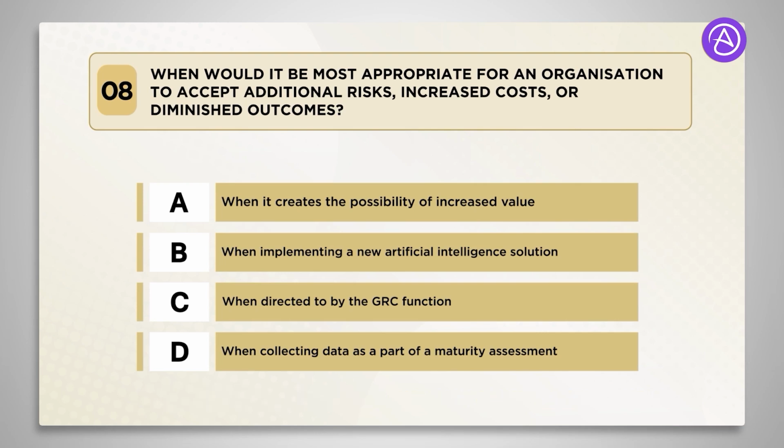Answer to the question, when would it be most appropriate for an organisation to accept additional risks, increased costs or diminished outcomes? The correct answer to this question is A, when it creates the possibility of increased value.